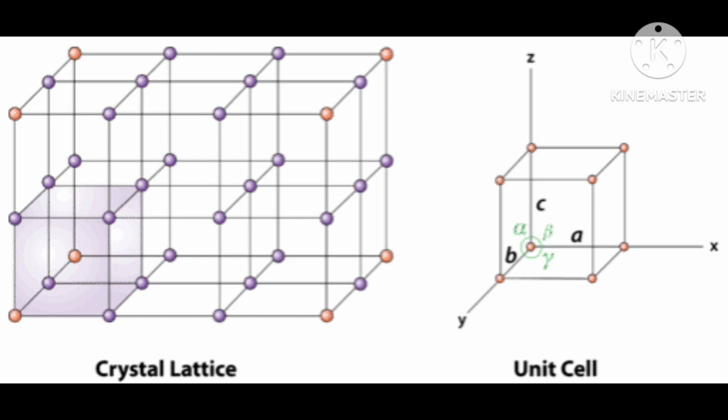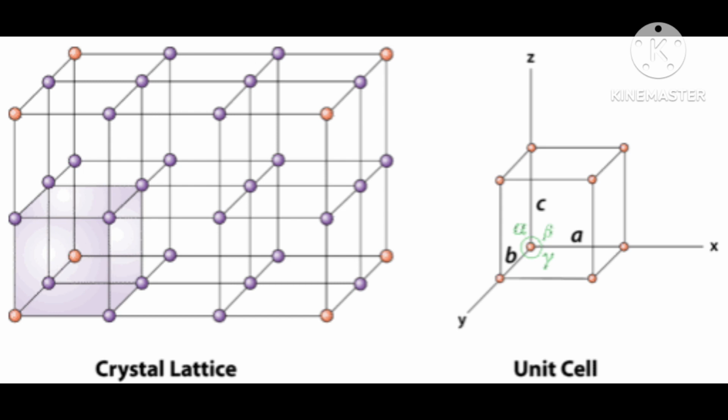What is a primitive unit cell? For what type of cell do you say primitive? When constituent particles are present only at the corner positions of a unit cell, it is called a primitive unit cell.